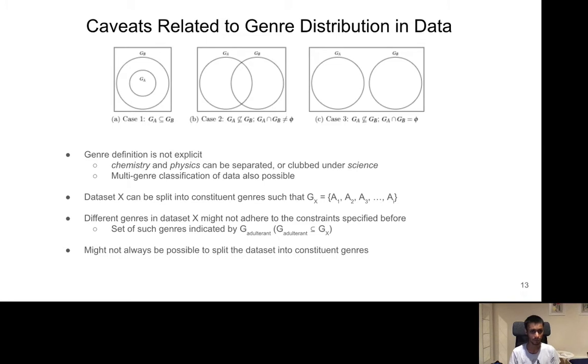Now when we talk about genre, there is another additional thing where chemistry and physics, for example, are different sources. In one annotation guideline they can be kept separate, or in another annotation guideline they could be clubbed under the umbrella category of science. So how do we separate the two? Plus, multi-genre classification of data is also possible.